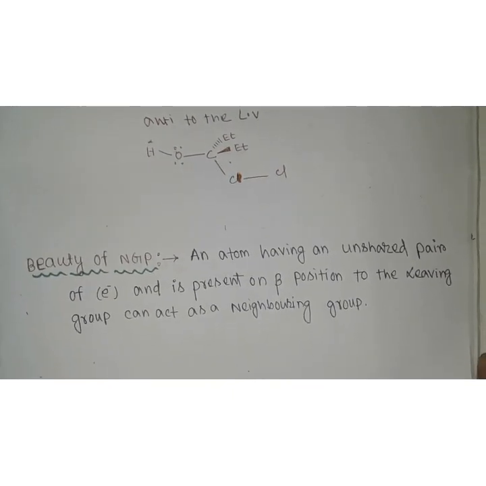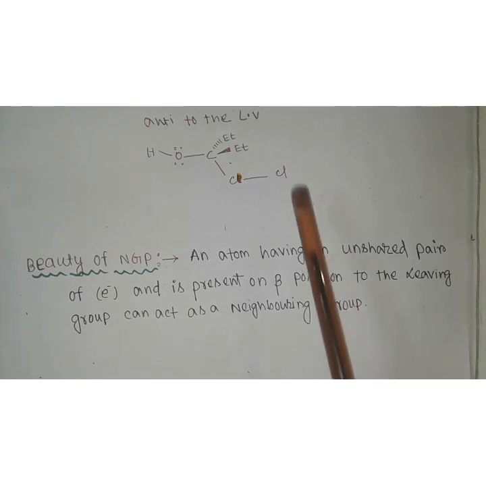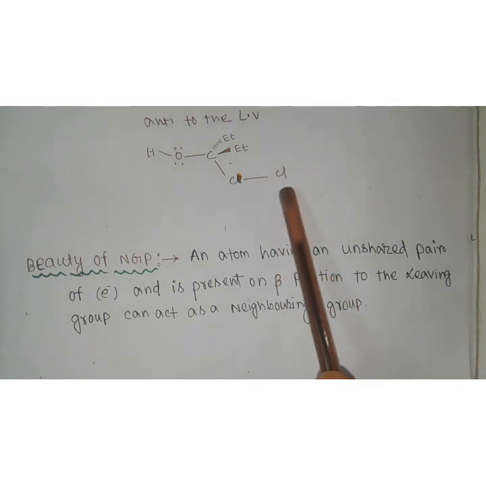Next, the beauty of NGP. An atom having an unshared pair of electrons and present at the beta position to the leaving group can act as a neighboring group. That is, this is the leaving group.